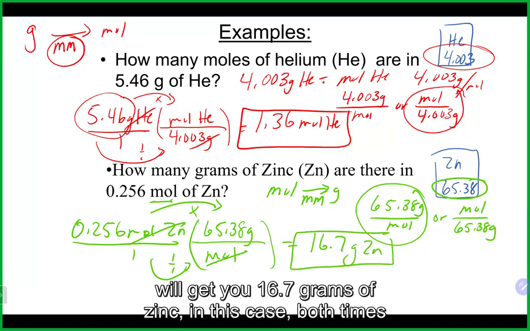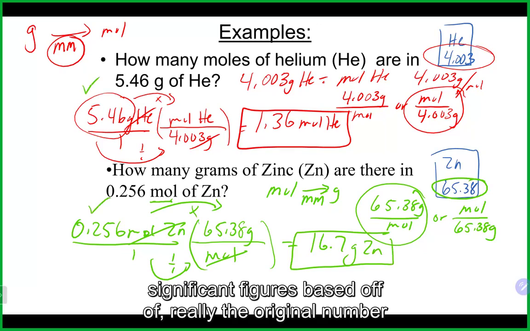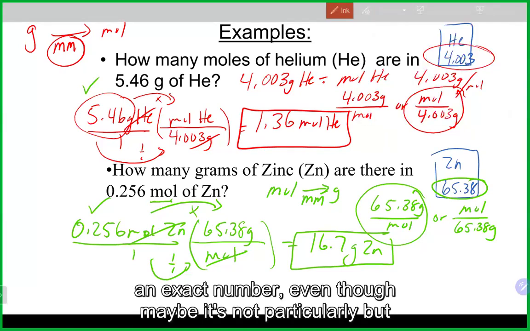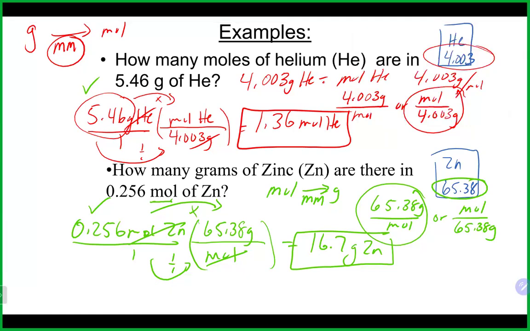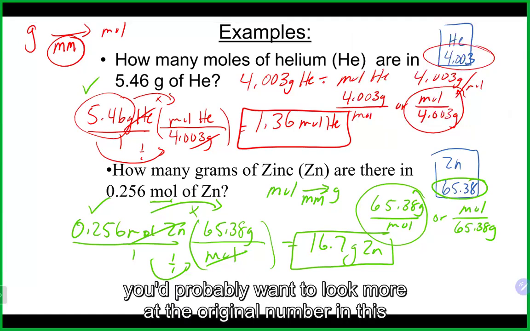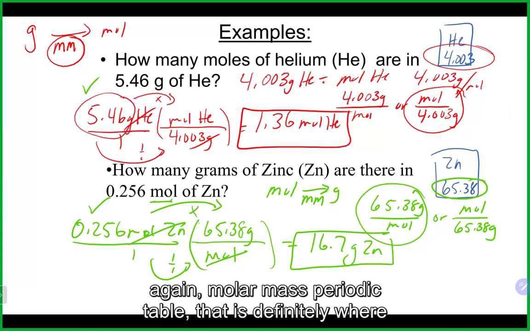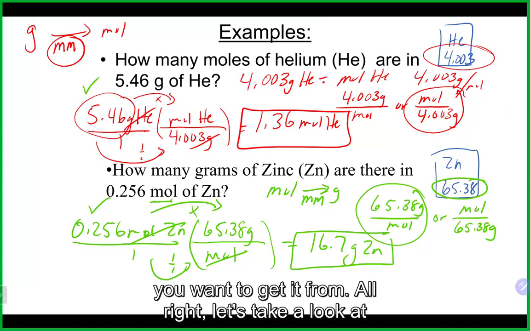Both times, significant figures are based off of the original number, which has 3. You could think of molar mass as an exact number, even though maybe it's not, but you'd probably want to look at the original number in this conversion. Any questions on those conversions? So again, molar mass, periodic table, that is definitely where you want to get it from.